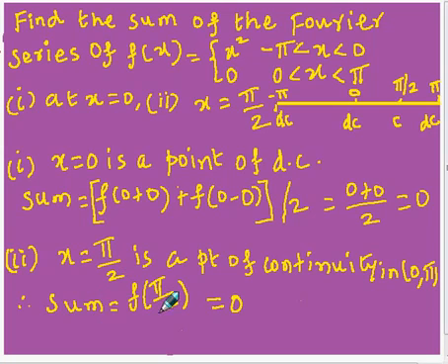So the sum is equal to f of pi by 2. F of pi by 2 is equal to 0 because f of x is 0 between the limits 0 to pi. And this is how we need to find out the sum of the Fourier series or the convergence of the Fourier series based on the concept of point of discontinuity or the point of continuity.